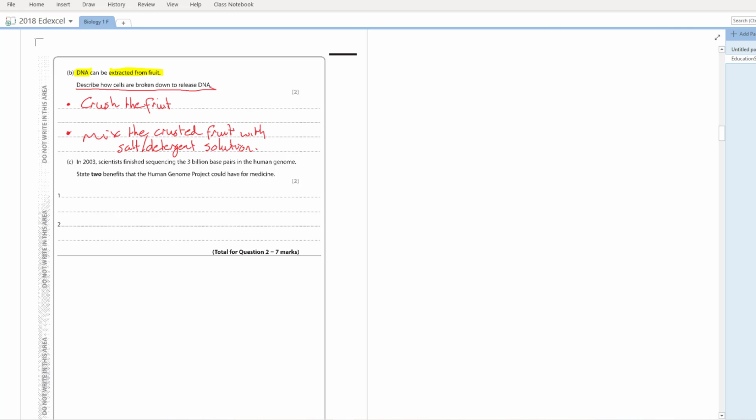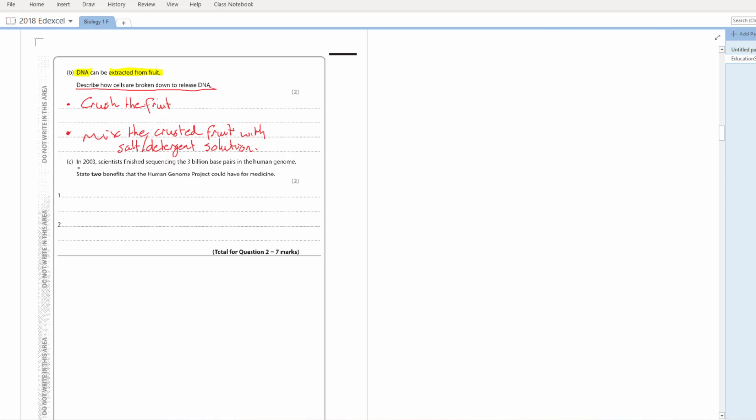You probably would have put a lot of salt in the bag of crushed fruit, and then some washing up liquid as part of the detergent solution. And this would have helped release the DNA from the fruit.